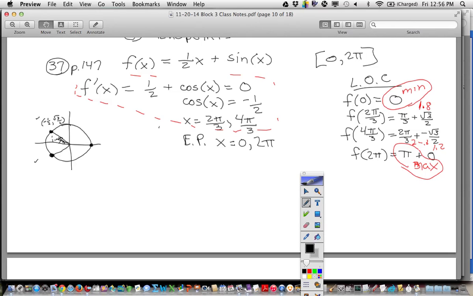Now, if you didn't do that on 39, that's okay, because you're going to do another one like it for Monday, and then you can do all of that for that. Okay? But what would we do to do local max min and then inflection points? Second derivative, and we would do not a list of candidates, but a number line. Number line. Now, we're going to review that idea in a second.